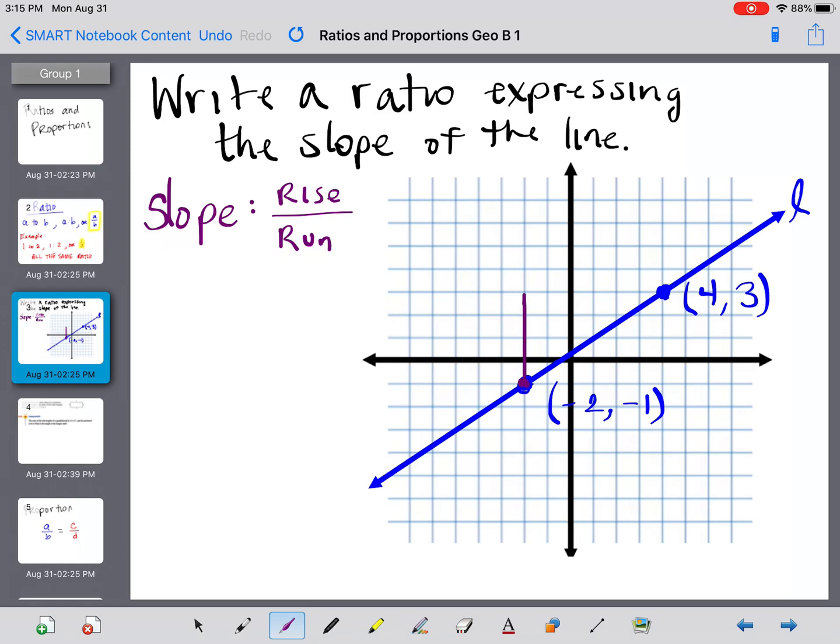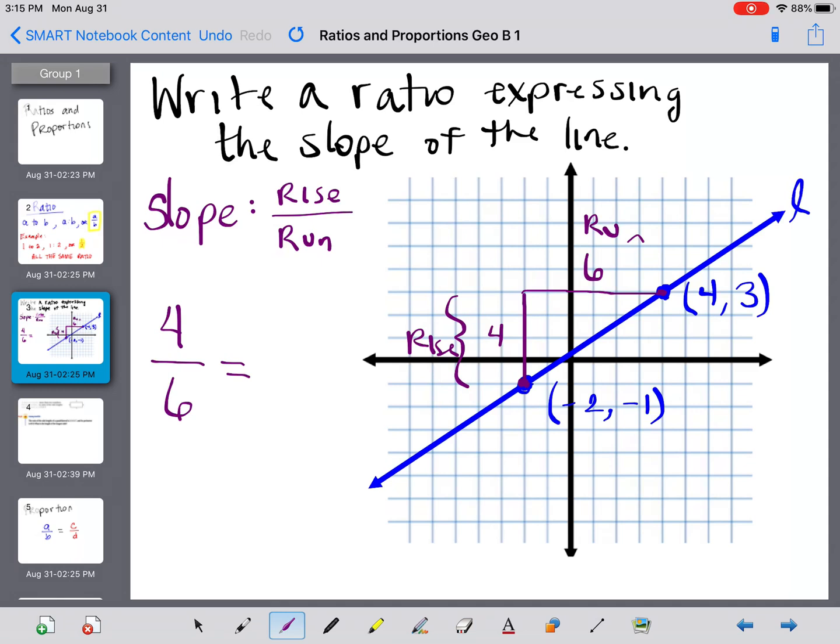So we rise 4 units, and now I'm even with the point on the right, and we can count the run: 1, 2, 3, 4, 5, and 6. The 4 represents our rise, and the 6 represents the run. So I write this ratio as 4 over 6.